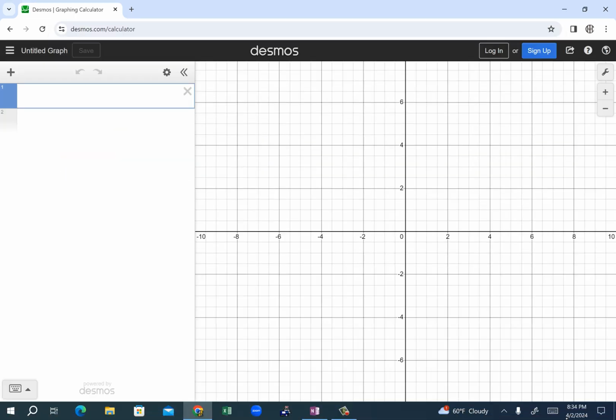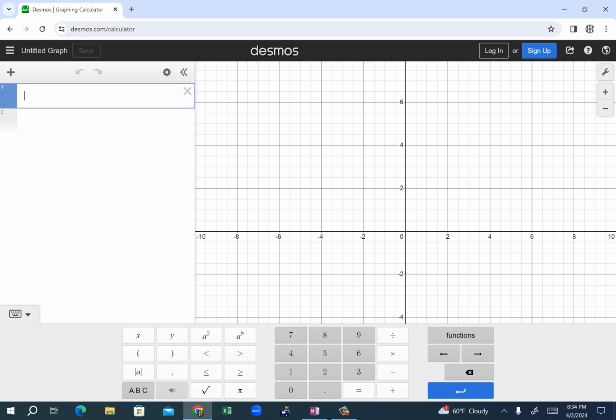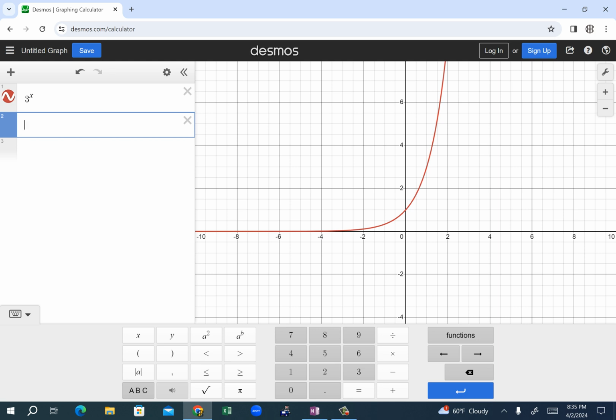Desmos.com. 3 to the x. Now listen, friends, e to the x. Yeah, they're almost the same.